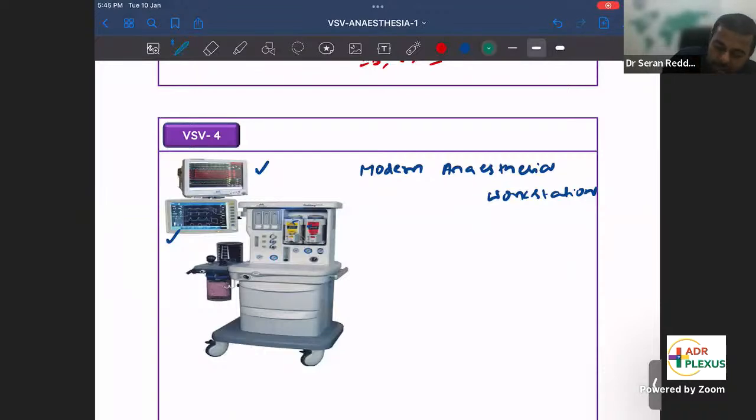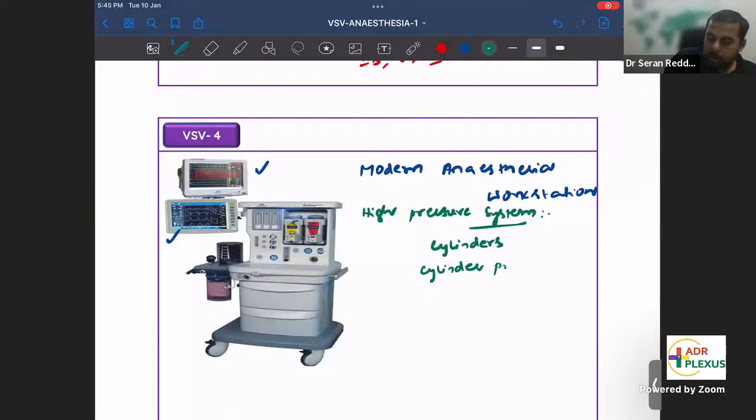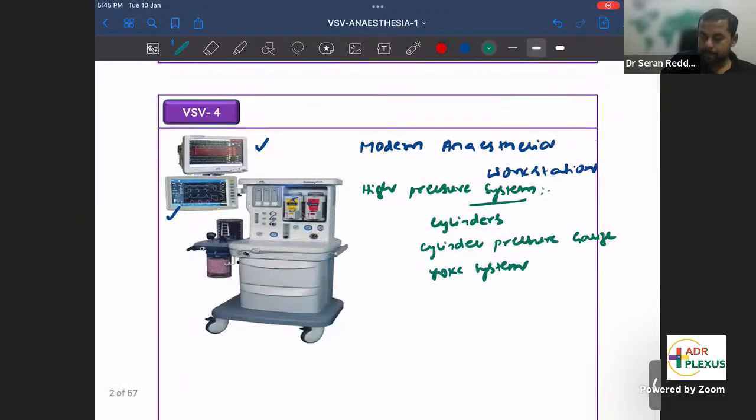What are the components which come under the high pressure system? Cylinders, cylinder pressure gauge, yoke system, first pressure reducing valve.